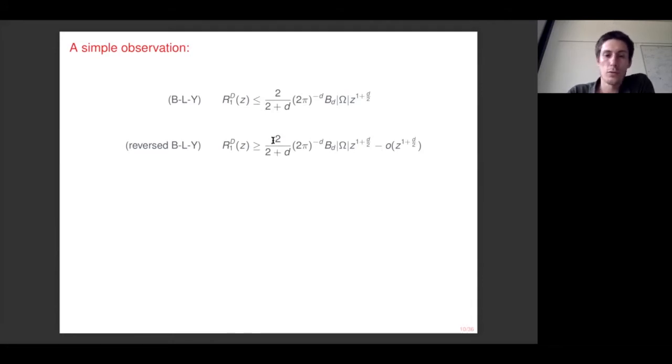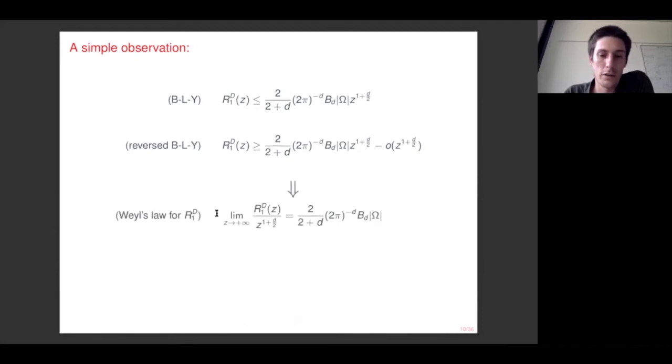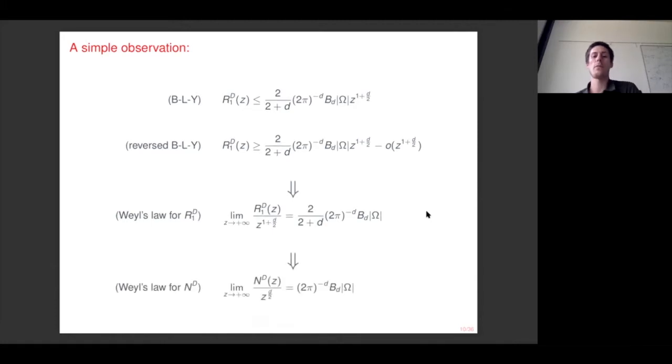So these two-sided bounds immediately imply a Weyl law for the first Riesz mean. Then, by applying some simple Tauberian theorem, one can go down from a Weyl law for the first Riesz mean to a Weyl law for the counting function of the eigenvalues.